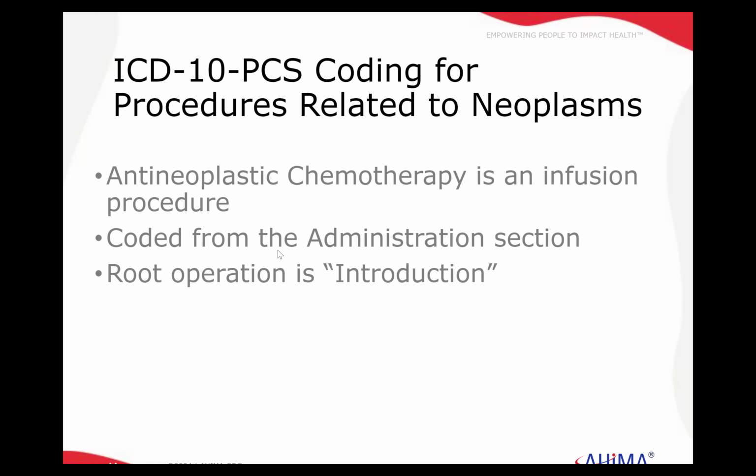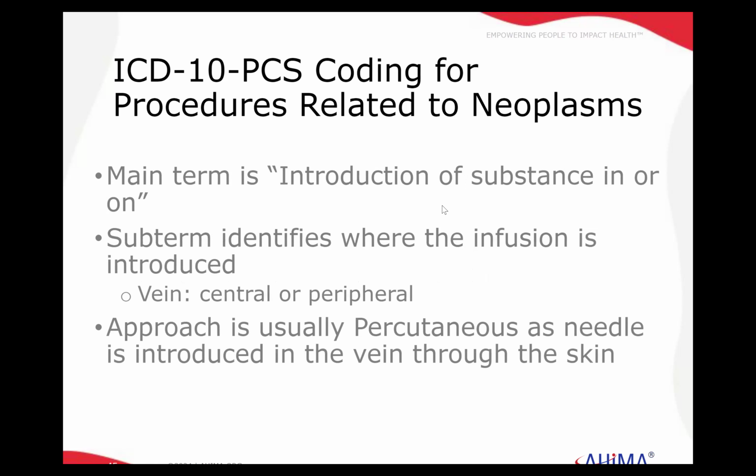And then something that we saw somewhat similar is anti-neoplastic chemotherapy. This is infusion, right? So again, the root operation in this case would be introduction. This would be coded from the administrative section, not the medical surgical section. And the main term is introduction of substance in or on.